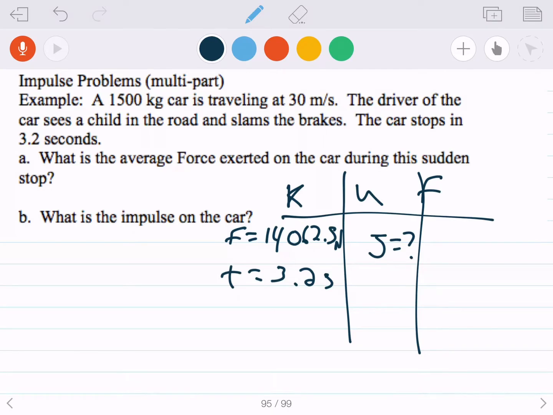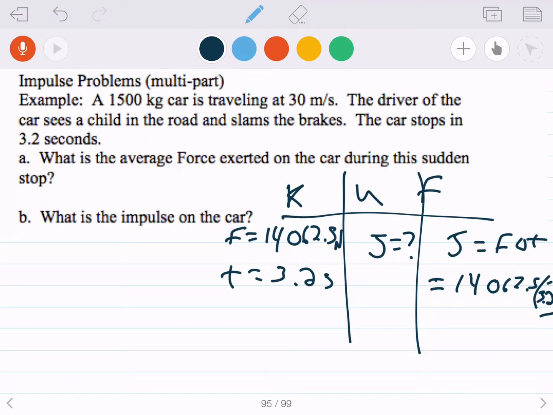Impulse equals question mark. The formula would be J equals force times delta T. Plug in our numbers: 14,062.5 times 3.2.